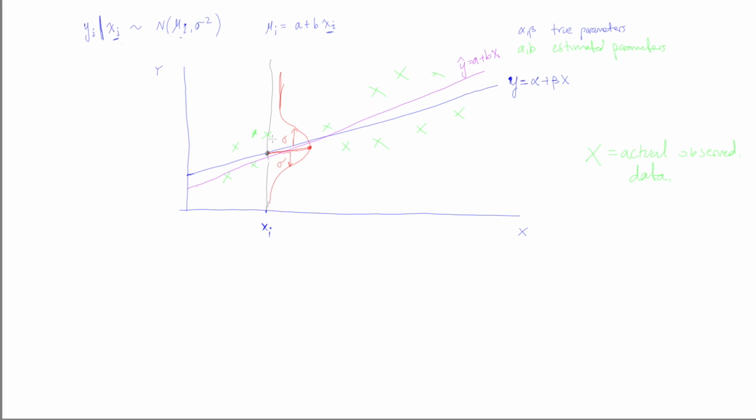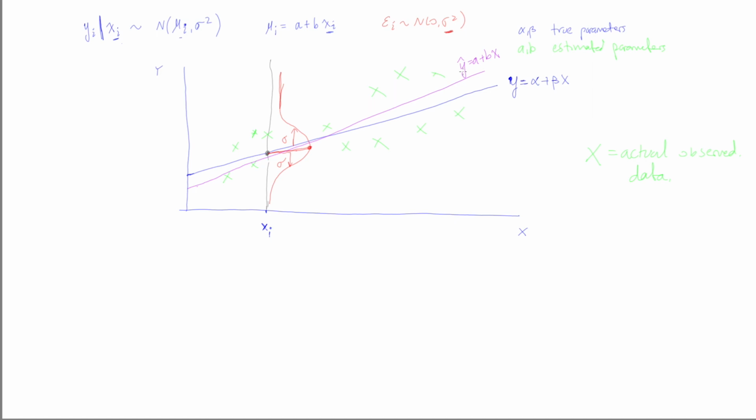And basically, you can think of this, because the assumption at the start was that epsilon i is normal with mean 0 and variance sigma squared. So what we're saying is that we have the true line, but the values are random, and there's an error around the true line, and the variance of the error is sigma squared. The width of this normal distribution is measured in terms of the standard deviation.